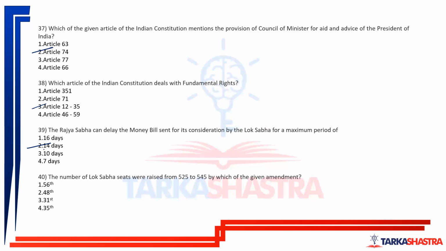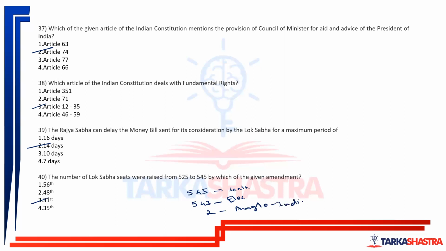The number of Lok Sabha seats were raised from 525 to 545 by which of the given amendments? So they were raised by the 31st Amendment. Okay. Now we know there are 545 seats in Lok Sabha, of which 543 are elected, and 2 belong to the Anglo-Indian community.